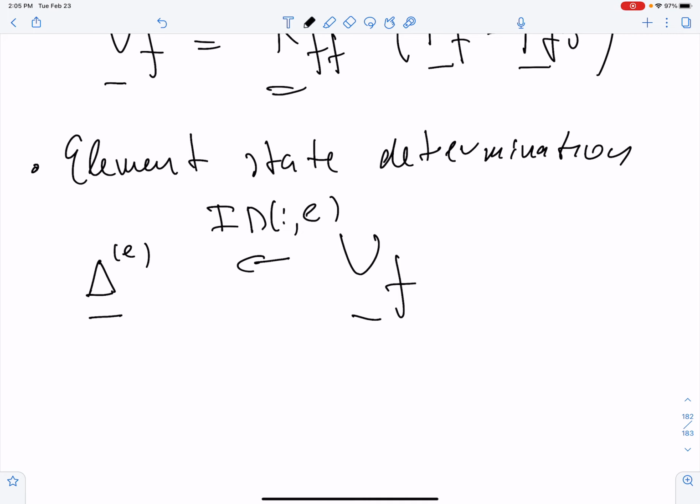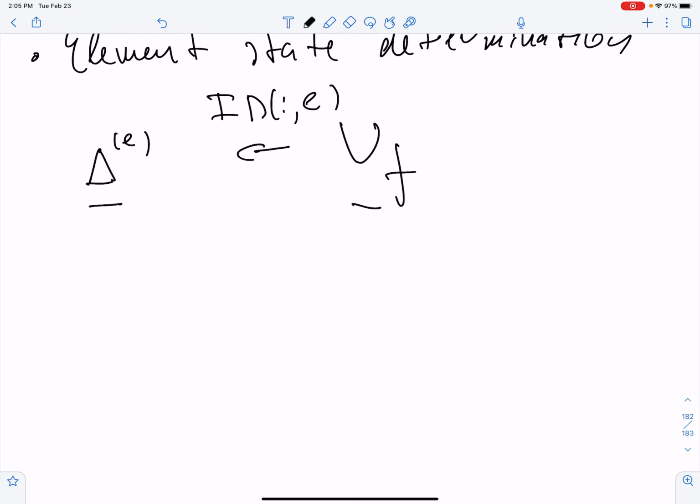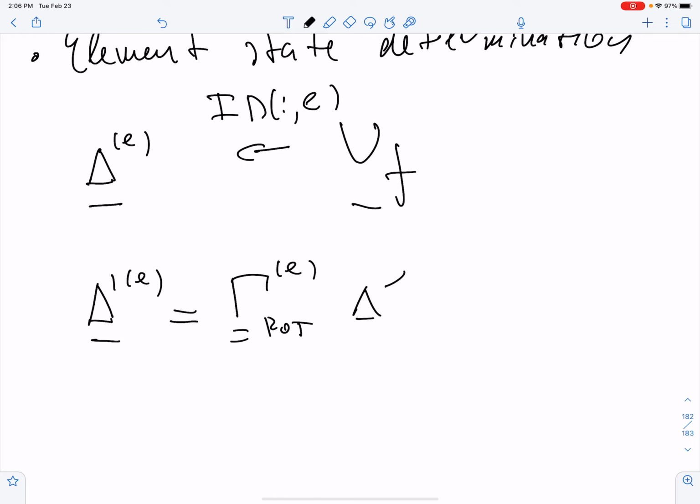Nothing changes, same as before. Now that you have your displacement vector in the global coordinates, you get this in the local coordinates. For every element, you get delta prime E equals gamma ROT, which depends on the element geometry, times delta E, like this.